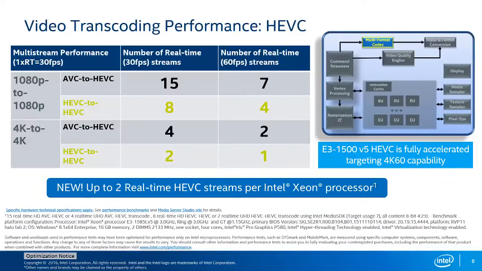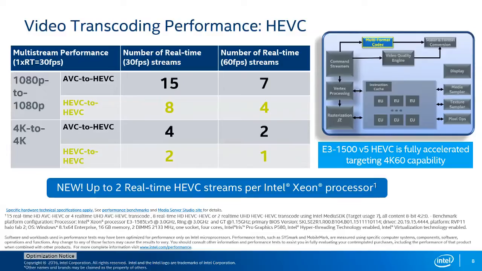So got some numbers here to back up the claims. So what we're looking at here is if you've got 15 transcodes at 30 frames per second, that means that's at least 450 frames per second of capacity. So you could use that to process 7 streams at 60 FPS like we have here.